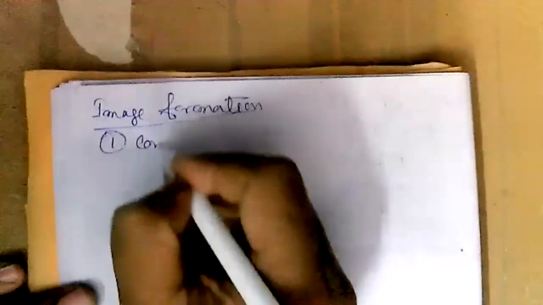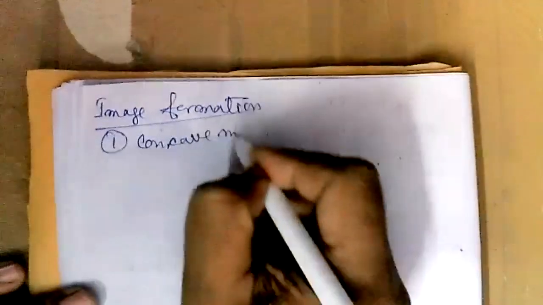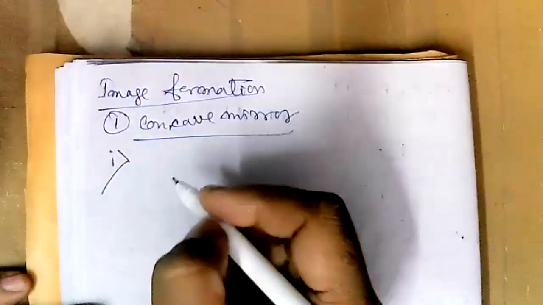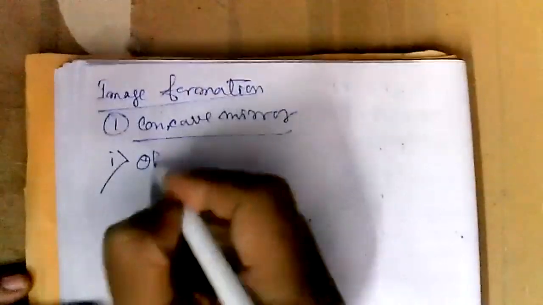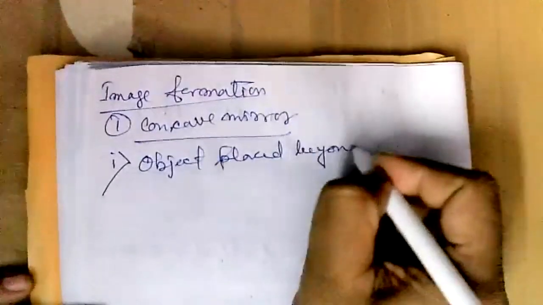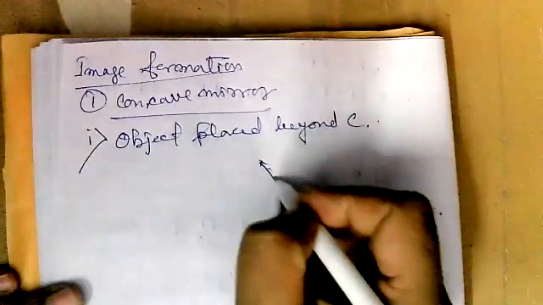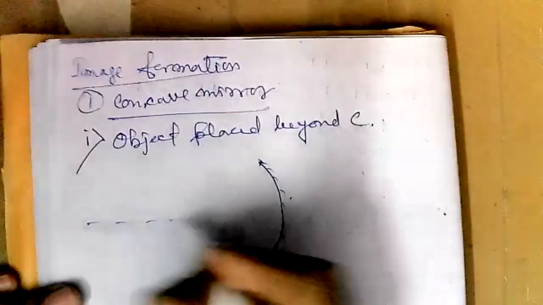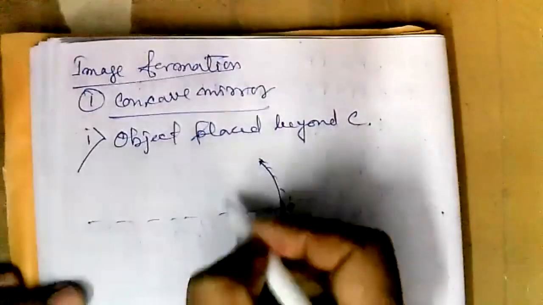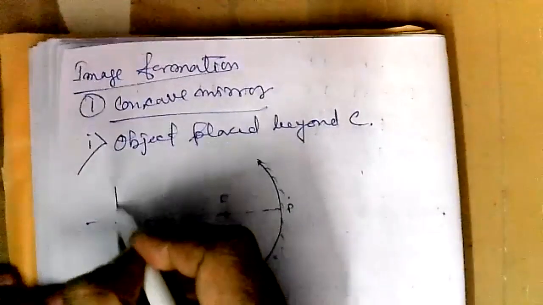First, we will do it with a concave mirror. Object placed beyond C. So, what will be the nature of the image? P, F, C. The object is placed here.